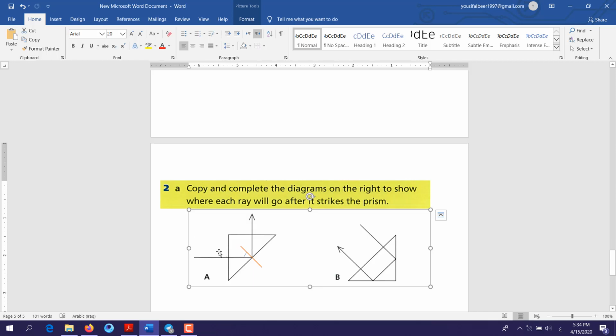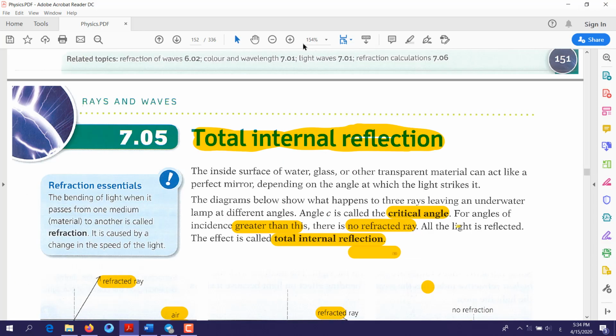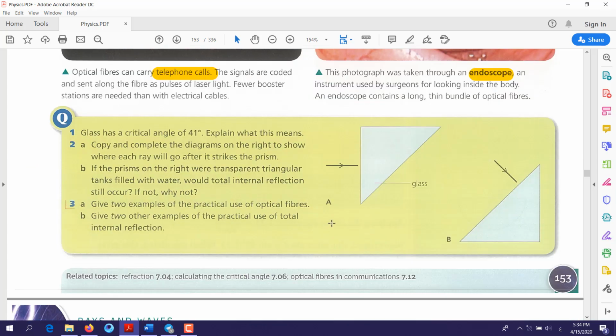Question number 2. A. Copy and complete the diagrams to show where each ray will go after it strikes the prism. The question shows the incident ray.